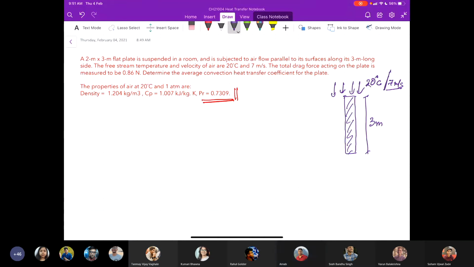Tridipta, are you following? Yes, sir. Did you calculate the area at least on which the drag force, or say the friction force, will act? Yes, sir. I'm now calculating the Nusselt number. And why do you need to calculate that?